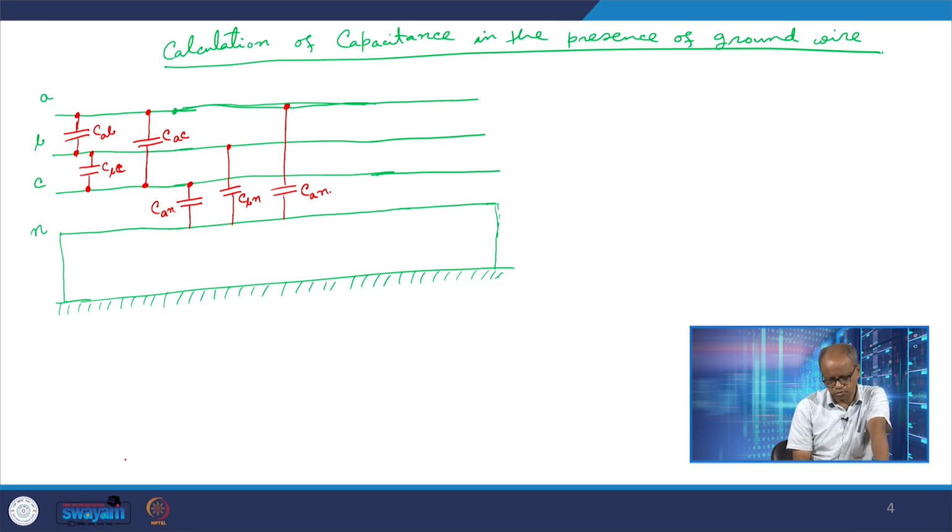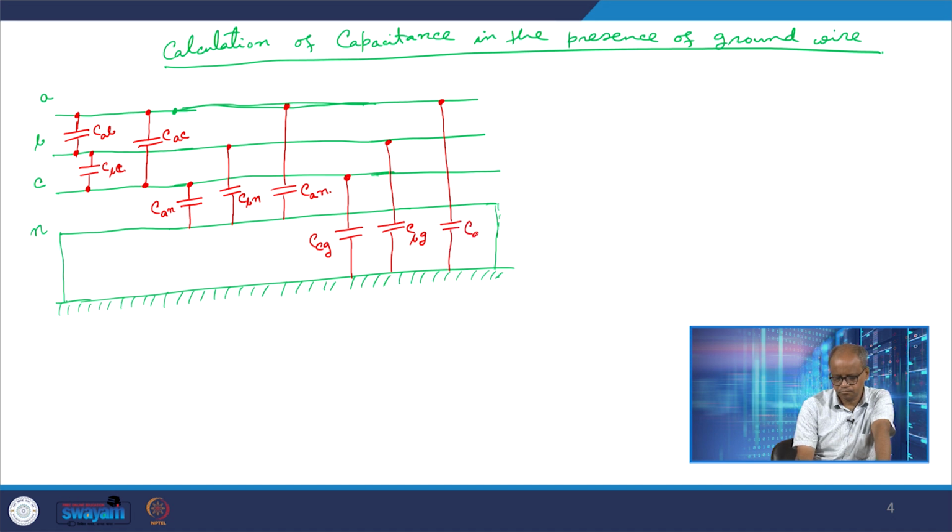We can also talk about the capacitances to ground. So I can say that this is CCG, that is CBG, and CAG. So we have denoted all kinds of capacitances existing between any two pairs of the lines.